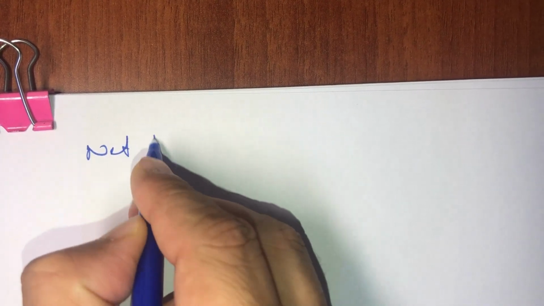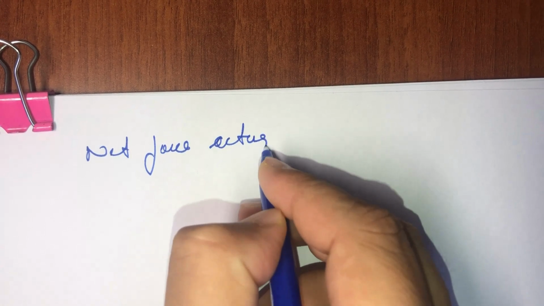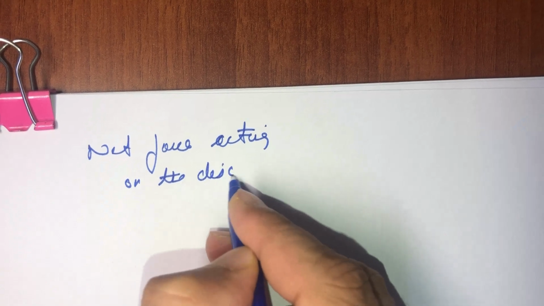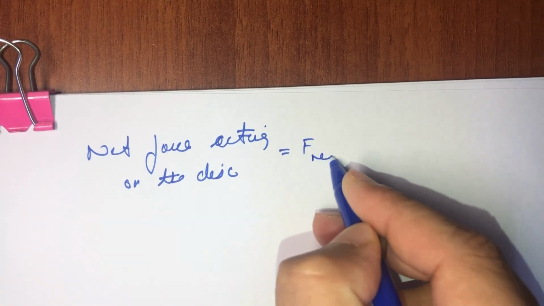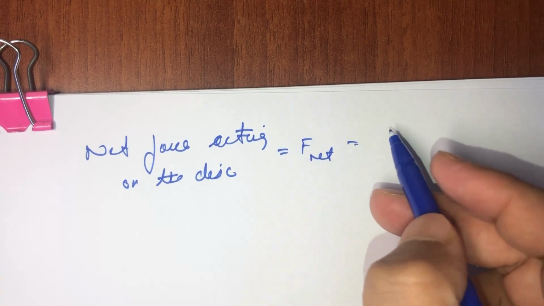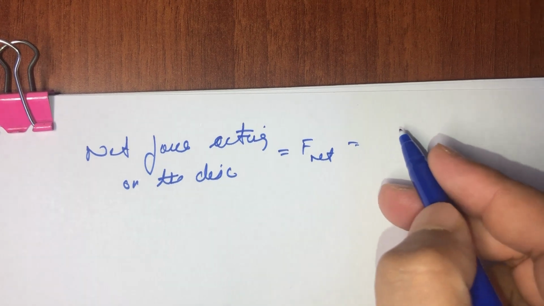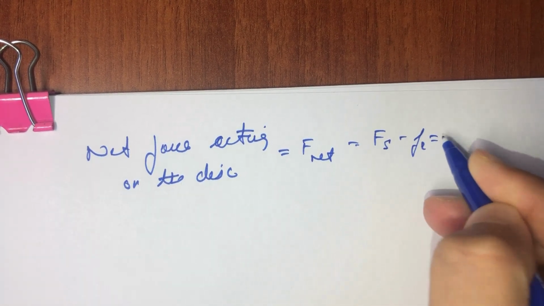Let us suppose the net force acting on the disc is given as F net, and F net will be equal to the spring force minus the frictional force. Spring force is Fs, frictional force is Fr.